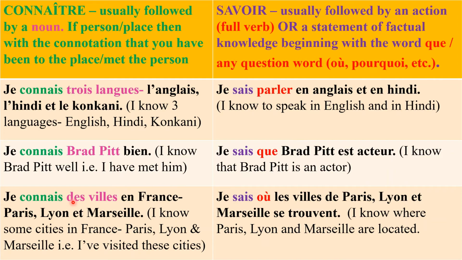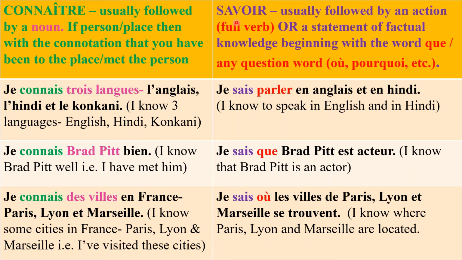It means that you have been to these places, or you are very familiar with how they function. You have lived there, perhaps visited there. So that is what connaître means when you are talking about a person or a place. You are familiar with it, you have experienced the place or the company of the person. That is the brief about connaître.